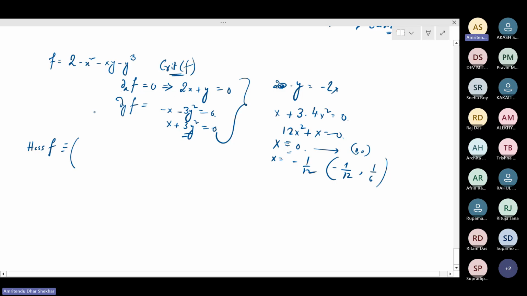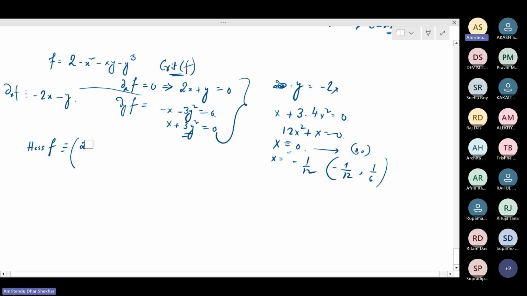The second derivative of this is 2. Again, you take the second derivative of this. Oh no, wait, that's my mistake. Sorry, del x of f is equal to minus twice x minus y.